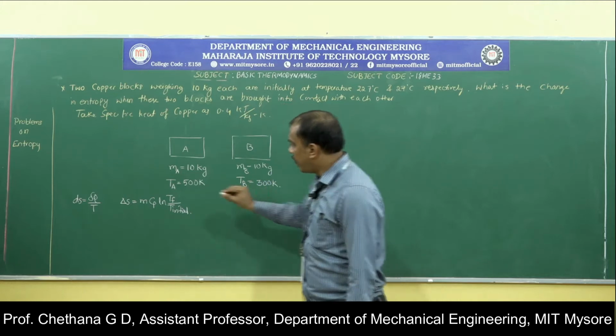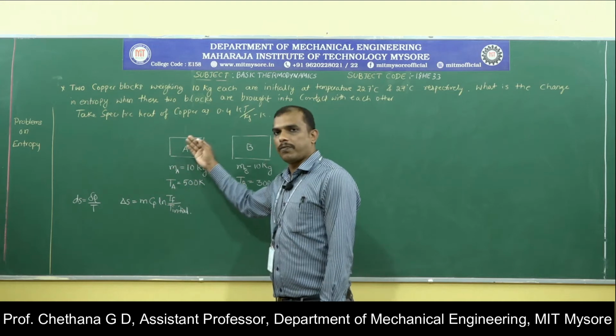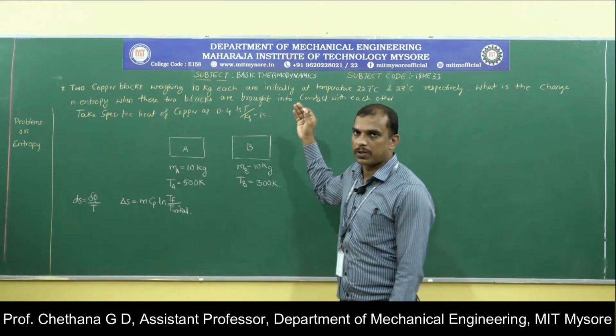So we will see. Now we are interested in T initial; we have already the mass and the specific heat, both are copper blocks, so Cp also is given.